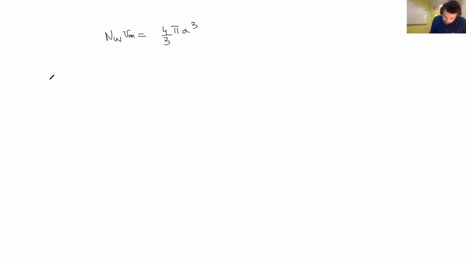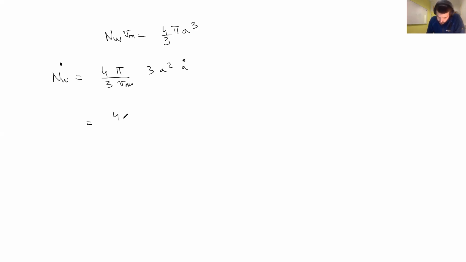So N dot is 4/3 pi over Vm times 3a squared a dot, the derivative of the radius with respect to time.